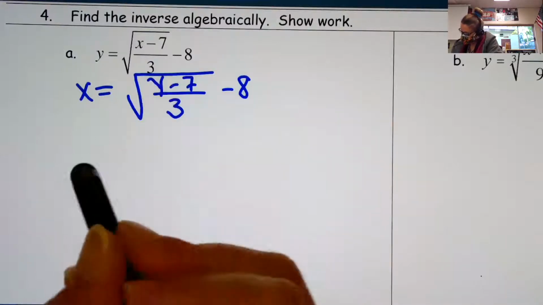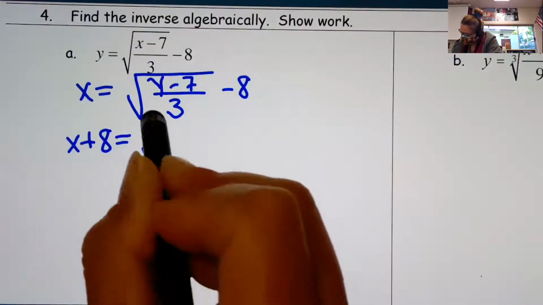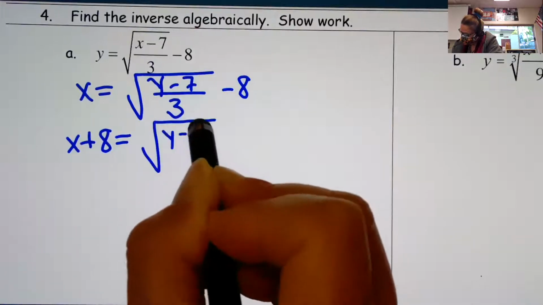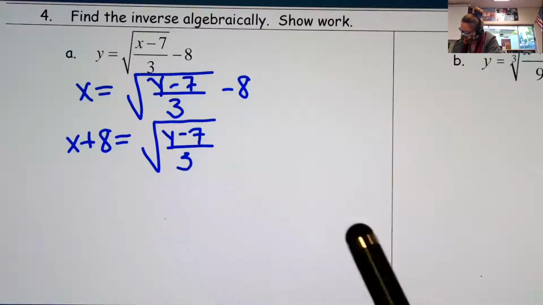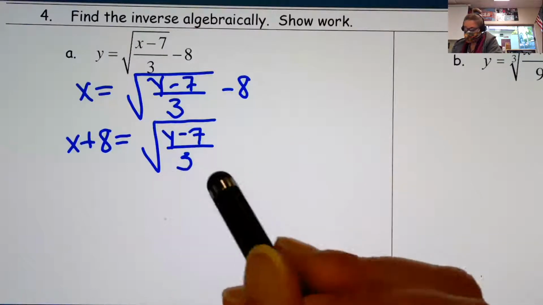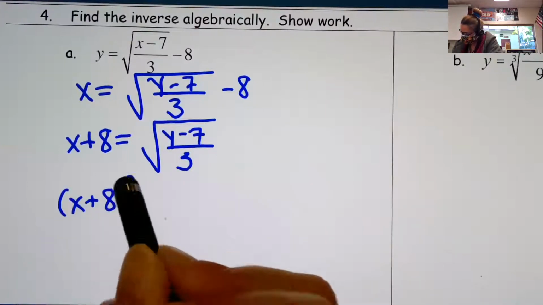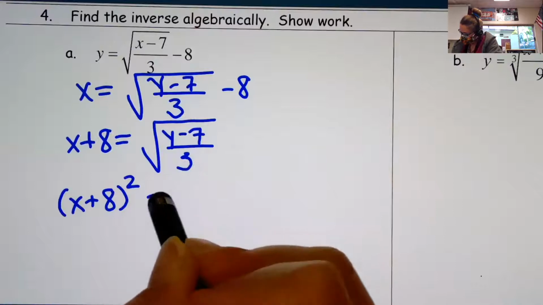I want to add 8 to both sides. So x plus 8 is equal to the square root of y minus 7 over 3. I am going to square both sides. Now I'm going to leave this as an x plus 8 quantity squared.